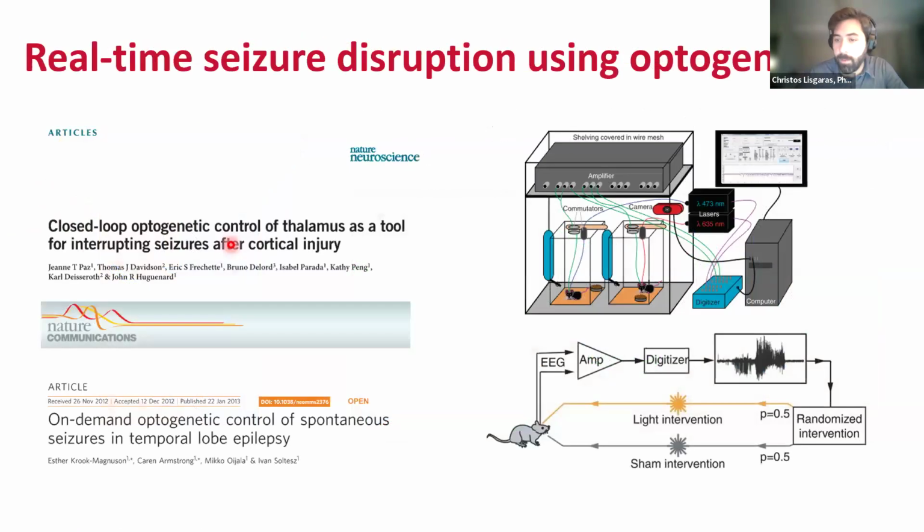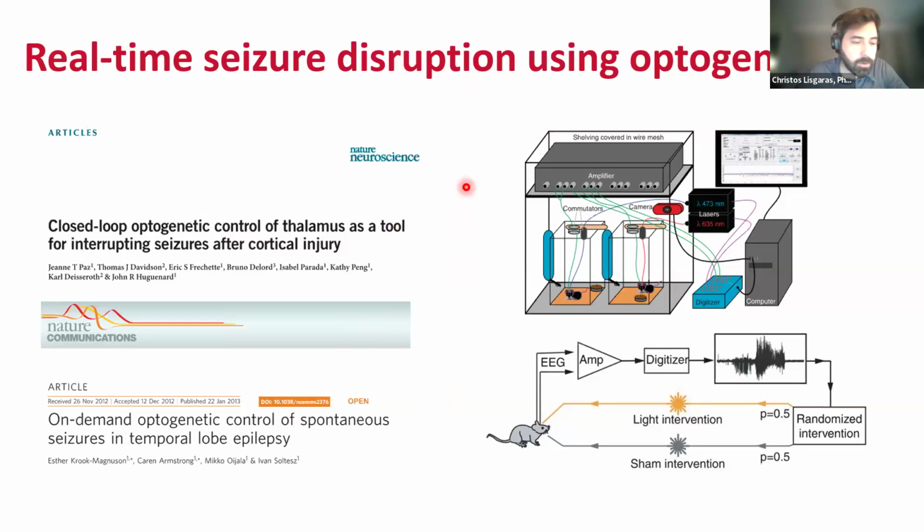So one of the applications of this technique that has been done by several people now involves the activation or inhibition of specific cell types to understand what is their contribution to seizure dynamics. So these are two papers that you can take a look at.